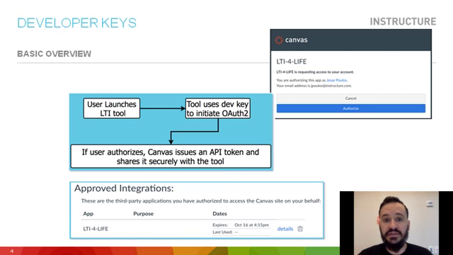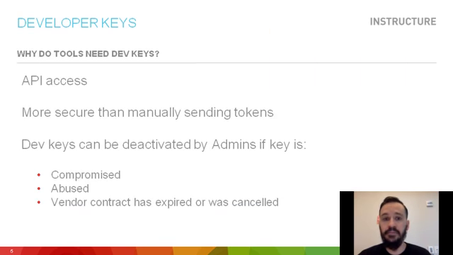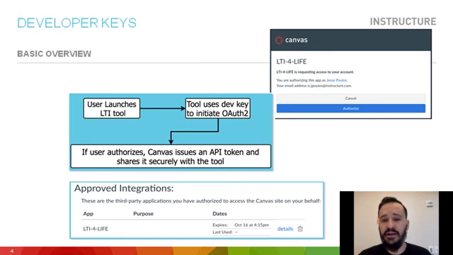Down at the bottom of the screen, if you go into the user settings, you'll see there's now a listing for that app. It says when that token expires, and then the user could actually delete that if they want to revoke access to their information. Going back here, that token is also shared with the tool, so that they can store it in their database.